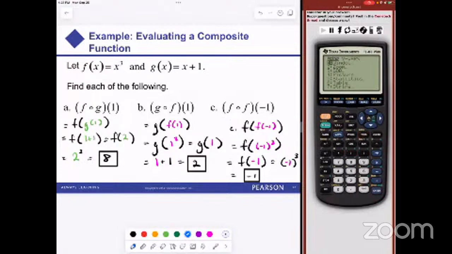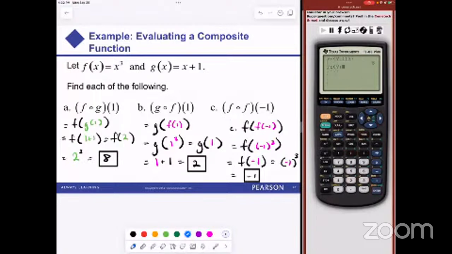We should get a result of 8. Then for part B, we did g of f of 1. So let's call on the function g, open parentheses, call on the function f. We want to evaluate this when x is 1. The result should be 2.